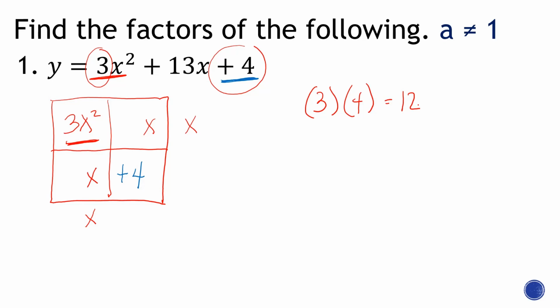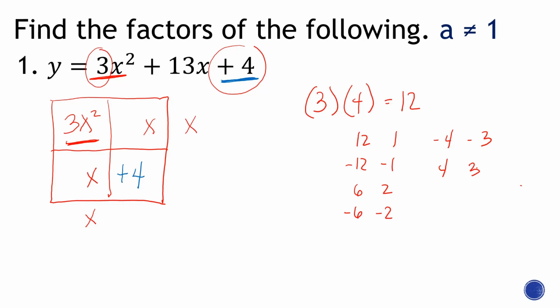The next step is to find all the pairs of numbers that when we multiply, the answer is positive 12. So I'm thinking about 12 and 1, negative 12 and negative 1, that will also give us positive 12, 6 times 2, negative 6 and negative 2, negative 4 and negative 3, 4 and 3.